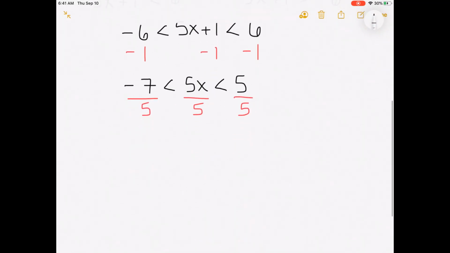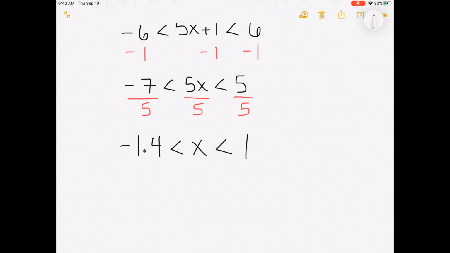And what that leaves me with is -7/5, which we can rewrite as a decimal. And that becomes -1.4. X is in the middle, and 1. So we know that x is between -1.4 and +1.